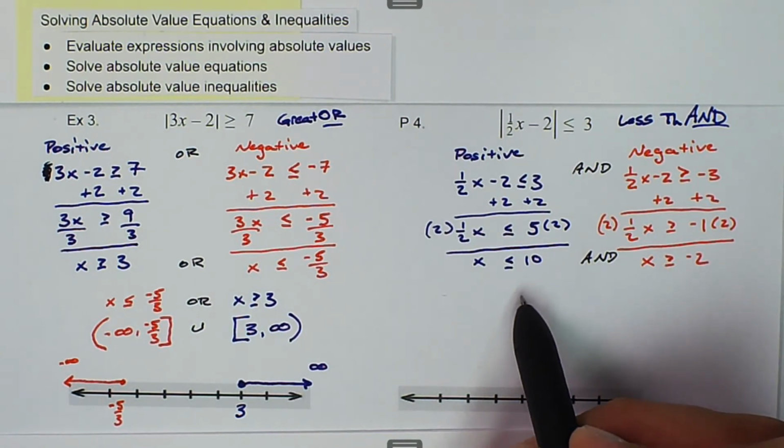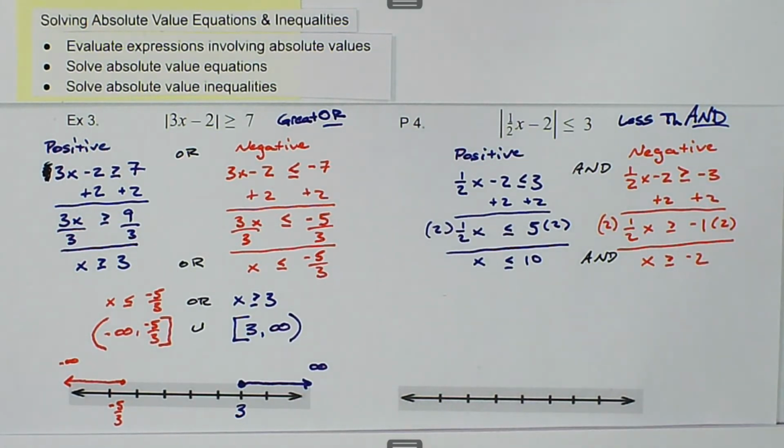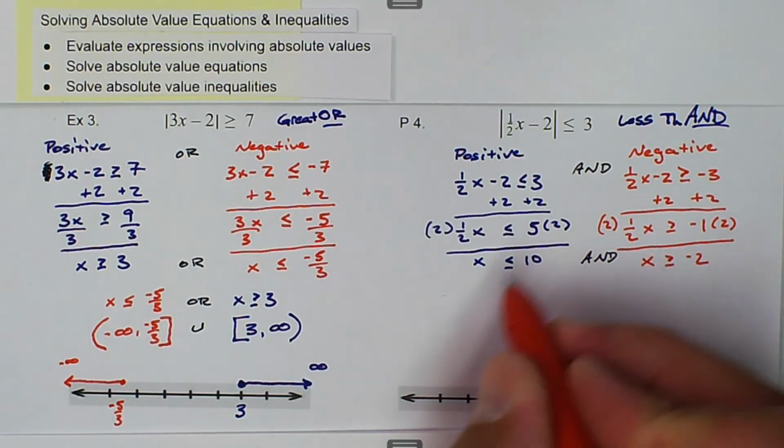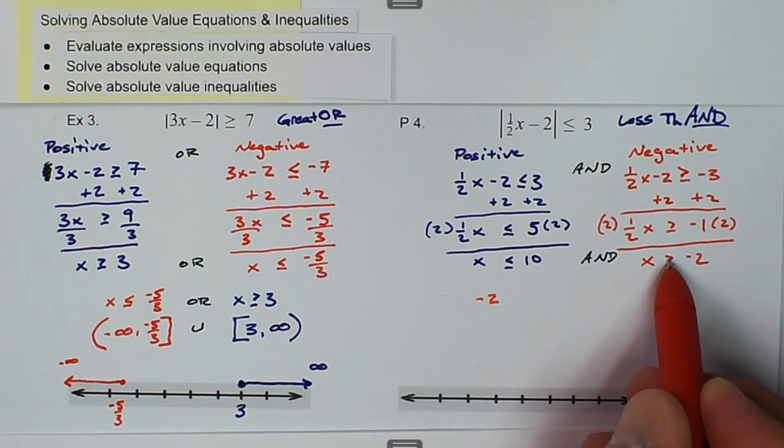If we're going to write it in set builder notation, I always want to write the smaller number on the left. So in this case, the smaller number is negative 2. Now, negative 2 says x is greater than or equal to negative 2.